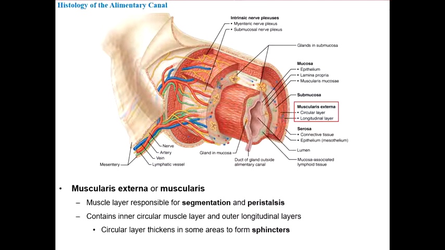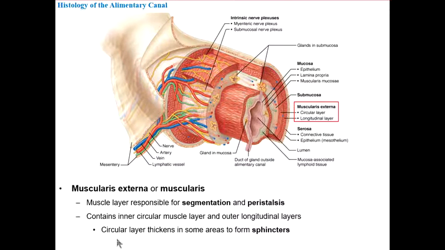You can see the inner layer of smooth muscle wraps around the lumen, or I should say the submucosa, in a circular pattern, where the outer layer of the muscularis externa, those cells run longitudinally, lengthwise, along the alimentary canal. So these two different sections of smooth muscle in the muscularis externa, we have the circular layer, which is the inner layer, and the longitudinal layer, which are going to work together to move food substances along.